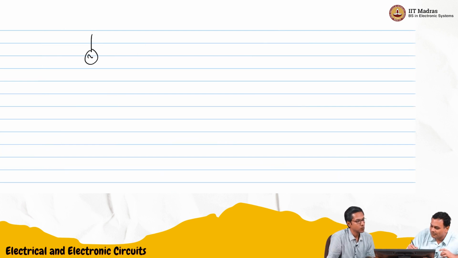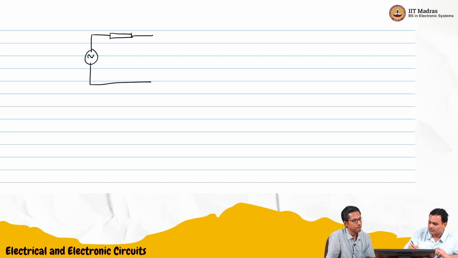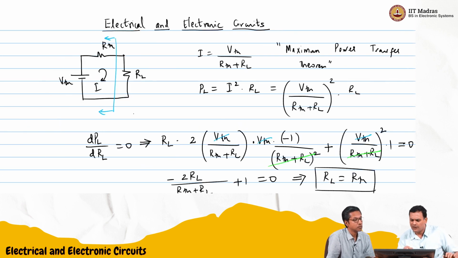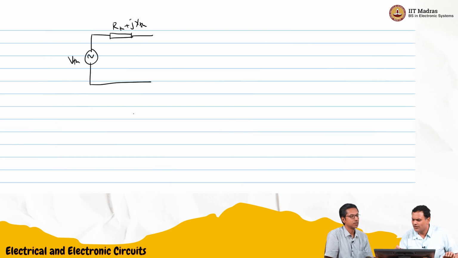VTH and RThevenin plus JXThevenin. But now the load was RL here. We'll put some reactive load.